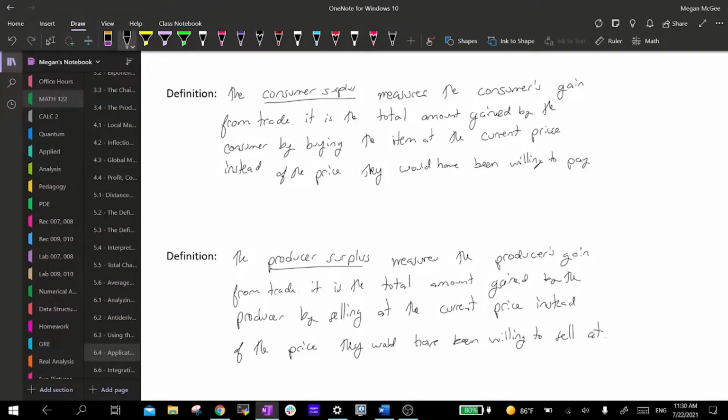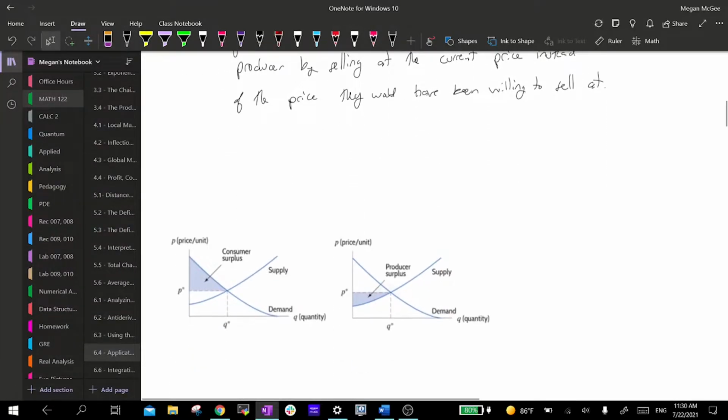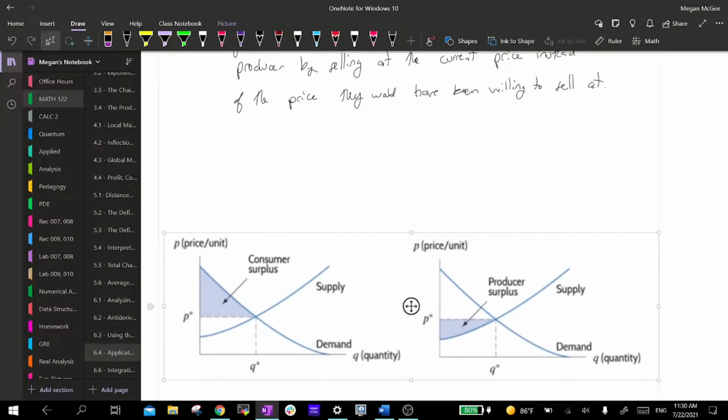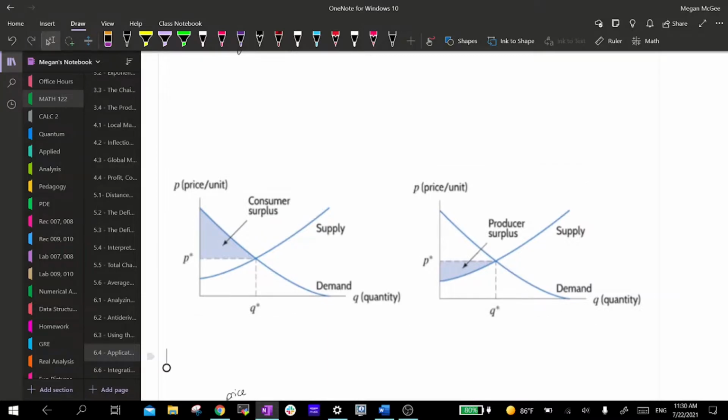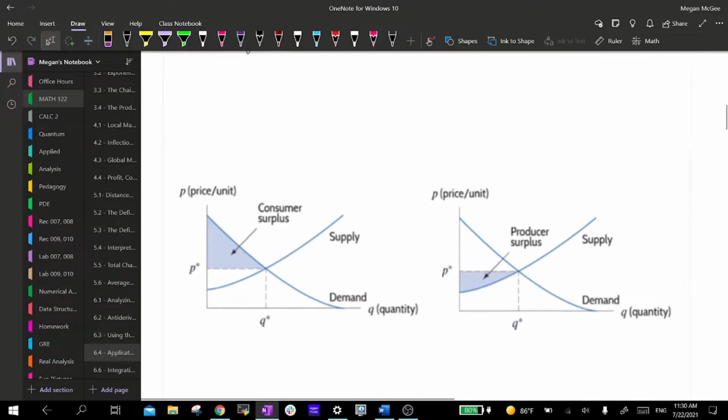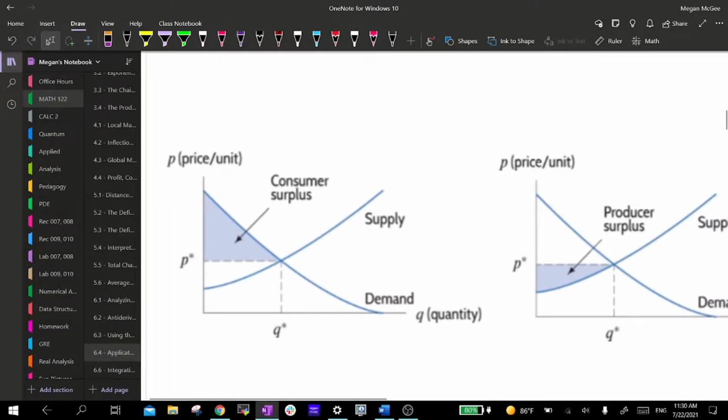Okay, so let's go ahead and look at some graphs to see what we're actually talking about here. If we look at a graph of supply and demand, we have our equilibrium point right here. It's where they intersect.